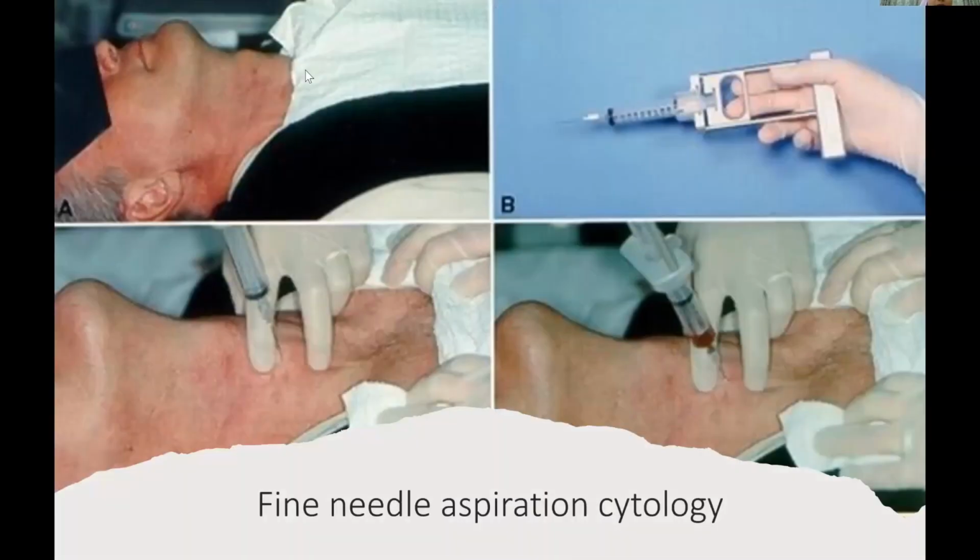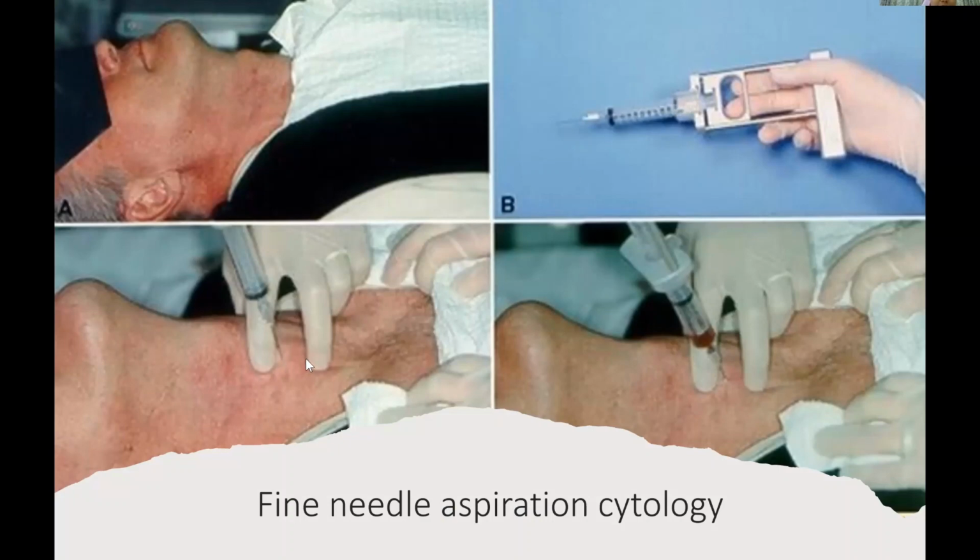The first step is we need to examine the patient and find the lump. The lump must be palpable. Then we use a syringe connected to a small blue needle, and a handle to hold the syringe, because it's more stable when we aspirate the samples.